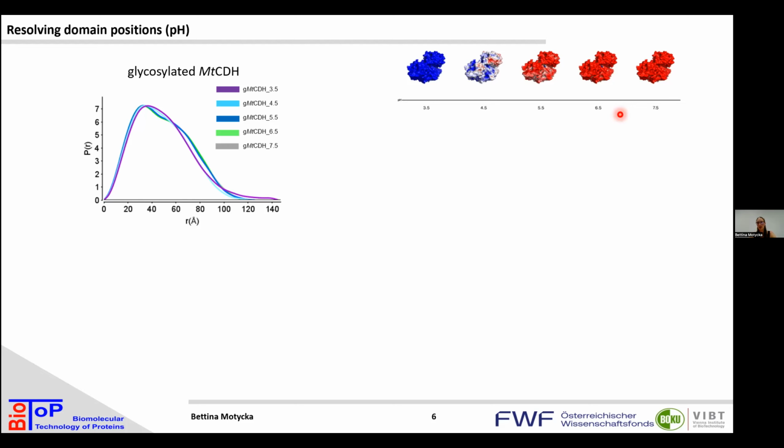With this, we generated a lot of sets of different models with different conformations. And then the program calculates the theoretical P(r) or scattering data of these models, and combines which models reconstruct your experimental scattering data the best.